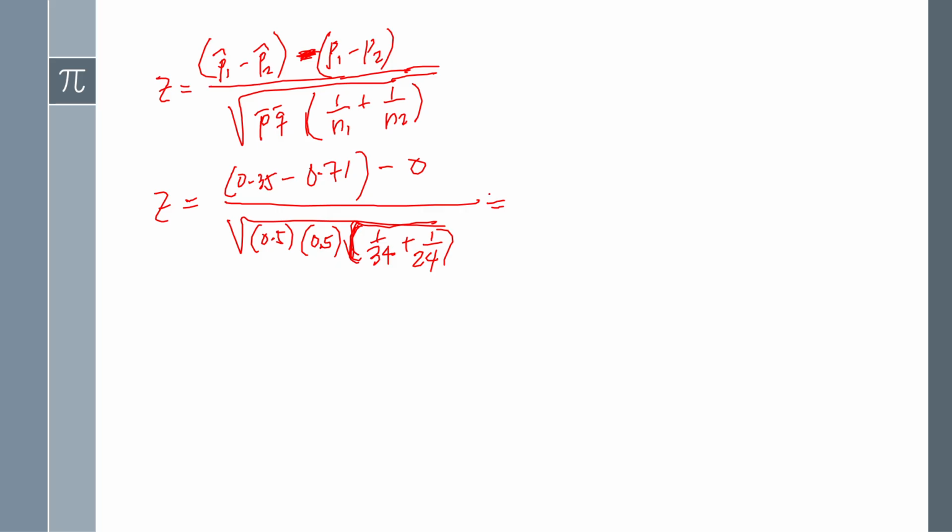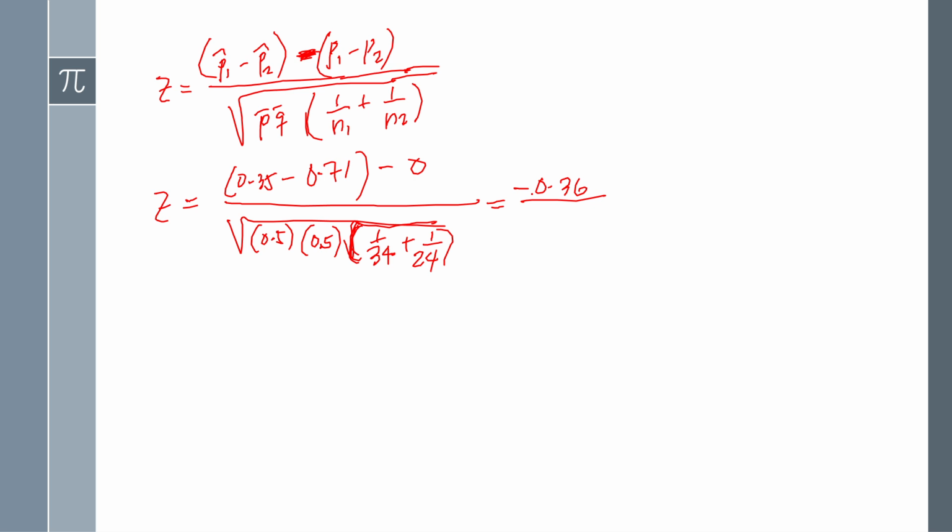So 0.35 minus 0.71, that's equal to negative 0.36 over, so compute this one, the square root of 0.05 times 0.05 times 1 over 34 plus 1 over 24.